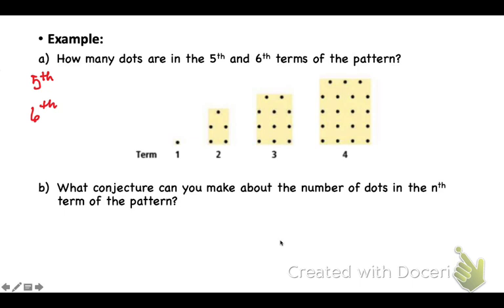Amanda, did you? 29. Okay, on the 5th, she thinks 29. Okay, Olive, what did you get for the 6th one? 41. How many people got 29 for the 5th? Let me see hands. 2, 4, 6, 8. So 8 people got 29. How many people got 41 for the 6th? The same. Okay?